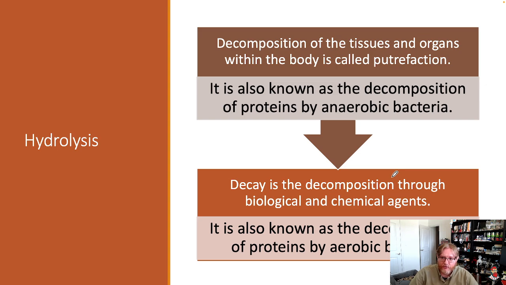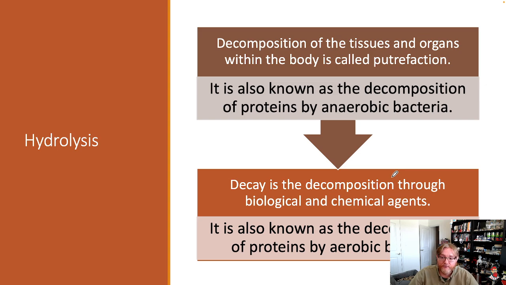Decomposition of the tissues and organs within the body is called putrefaction. It is also known as the decomposition of proteins by anaerobic bacteria, whereas decay is the decomposition through biological and chemical agents. It is also known as the decomposition of proteins by aerobic bacteria.